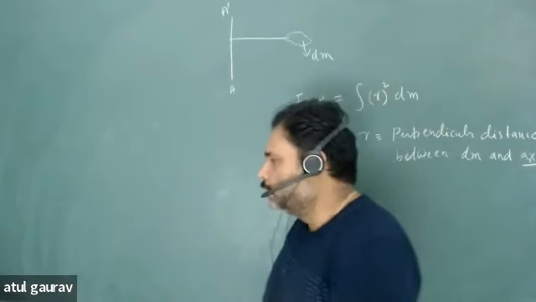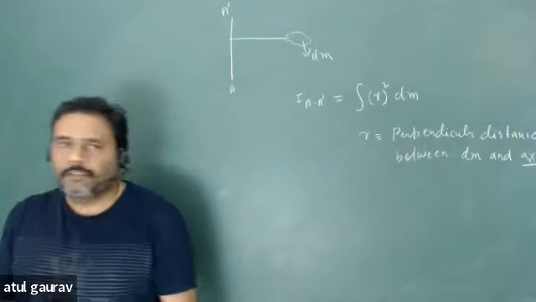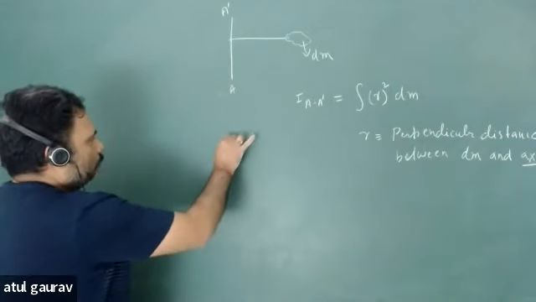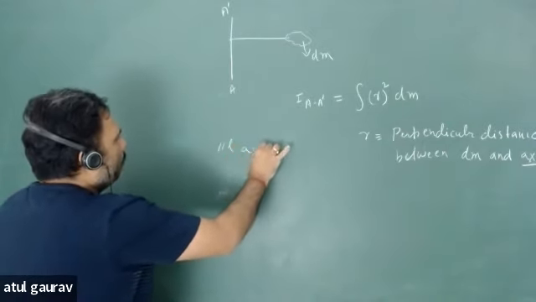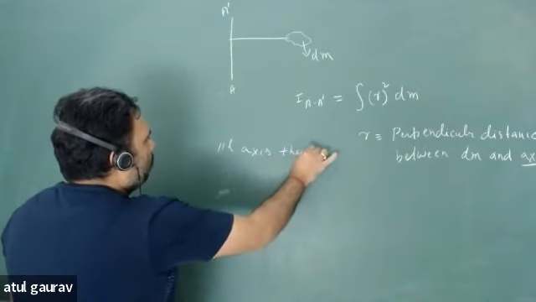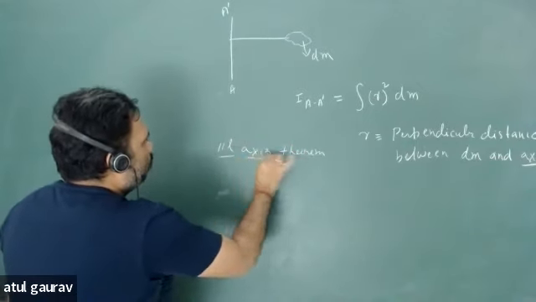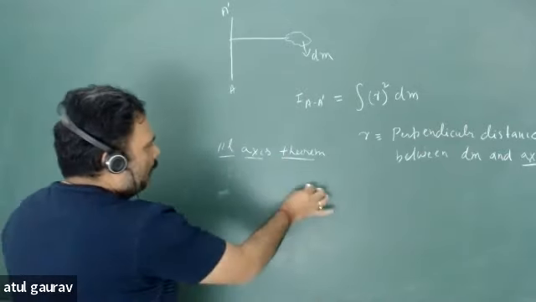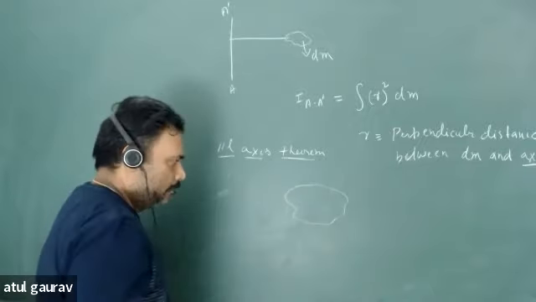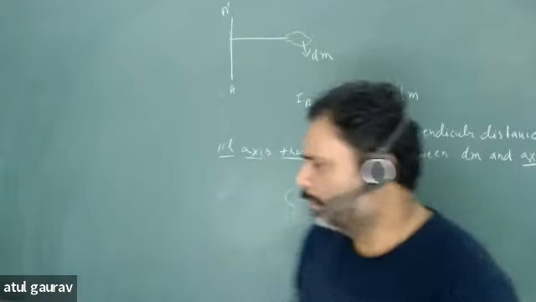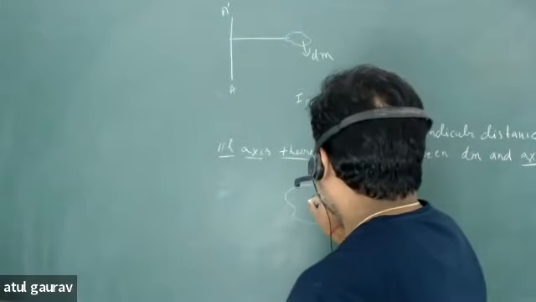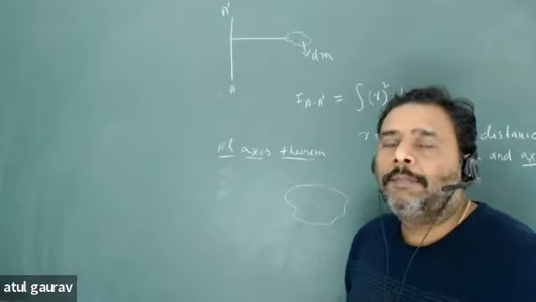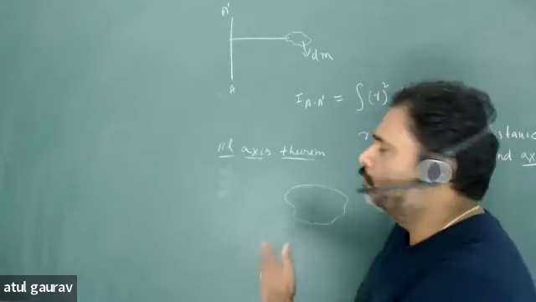But we will use two basic theorems, which will help us solve the problem very quickly, only for efficiency. The first theorem is the parallel axis theorem. This is very famous. What is this parallel axis theorem? Suppose I have any mass distribution, and somehow you know the moment of inertia about the axis which is passing through the center of mass.